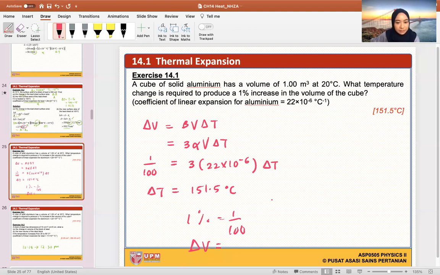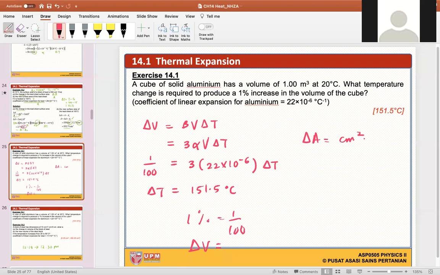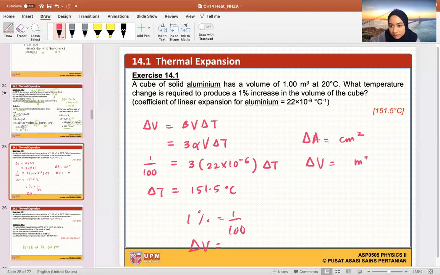Tadi delta A is centimeter squared. Delta V should be something in meter cube. 1% is equal to 1/100 is correct. Betul. Mana pergi awak punya meter cube? Allah, saya lupa letak.